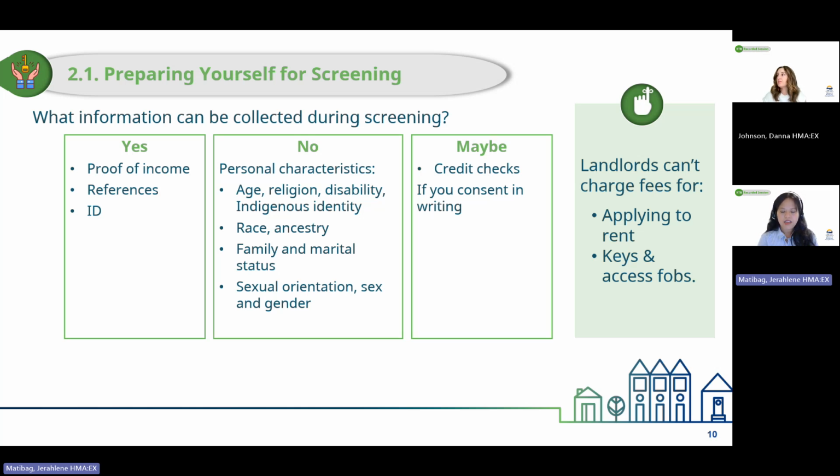And just a reminder, never share your banking or credit card information because a legitimate credit check doesn't require that information. You should also know that there are fees that landlords cannot charge. They cannot charge an application fee, for example. And if you're successful and you choose to move in, they cannot charge you for keys or access fobs if that's the only way into your unit.